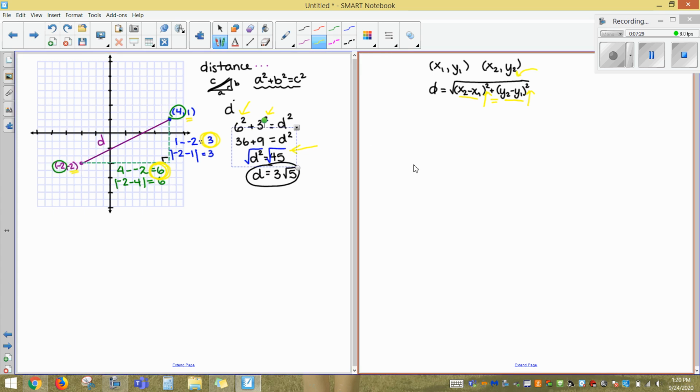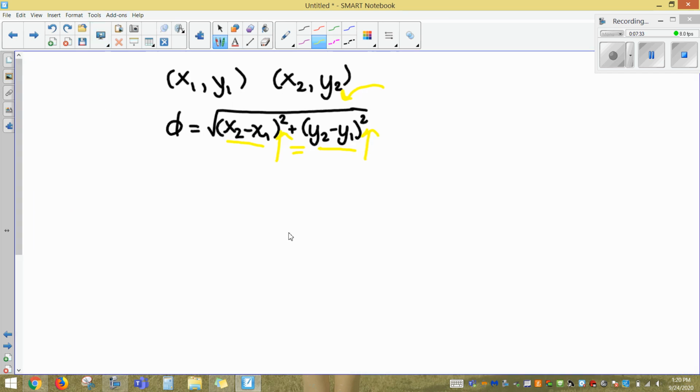So again, this distance formula here in front of us is just a snapshot of everything we did. We found the horizontal distance on our triangle by subtracting the x's, the vertical distance by subtracting the y's. Then we said a squared plus b squared equals c squared. And last we took the square root.